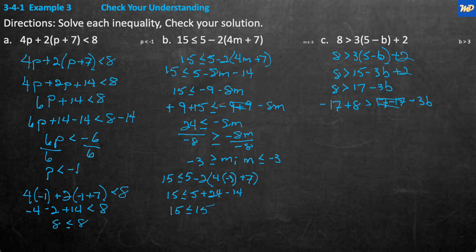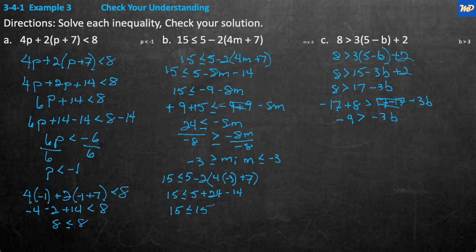So we have a negative 17, and we're going to add 8 to it. We're going to have what? Negative 9, right? We're just going to resolve this. It's going to end up with negative 9, excuse me. So negative 9 is greater than negative 3b.